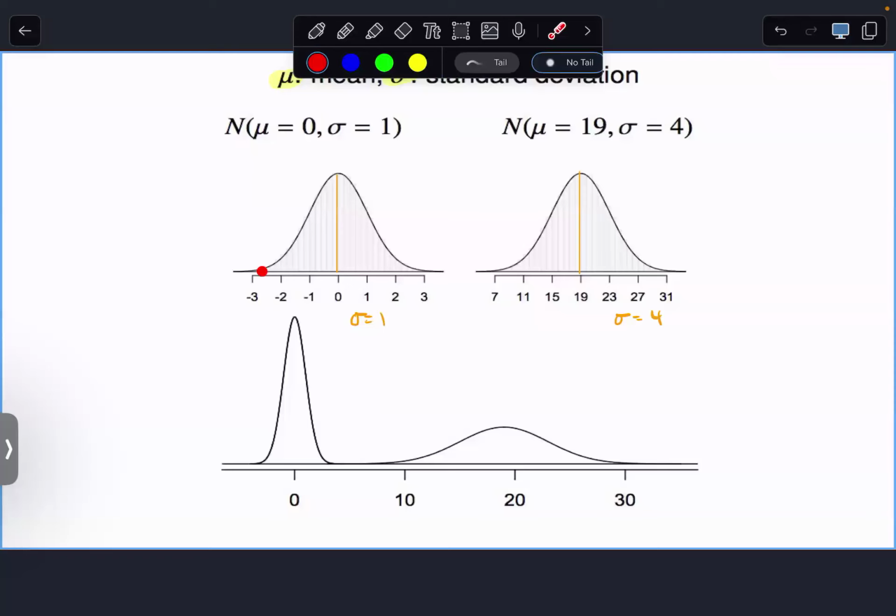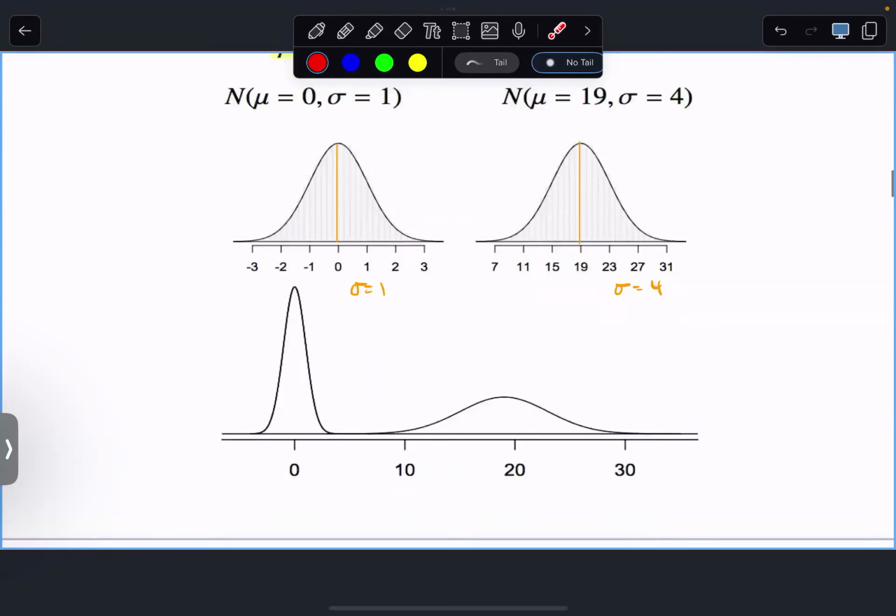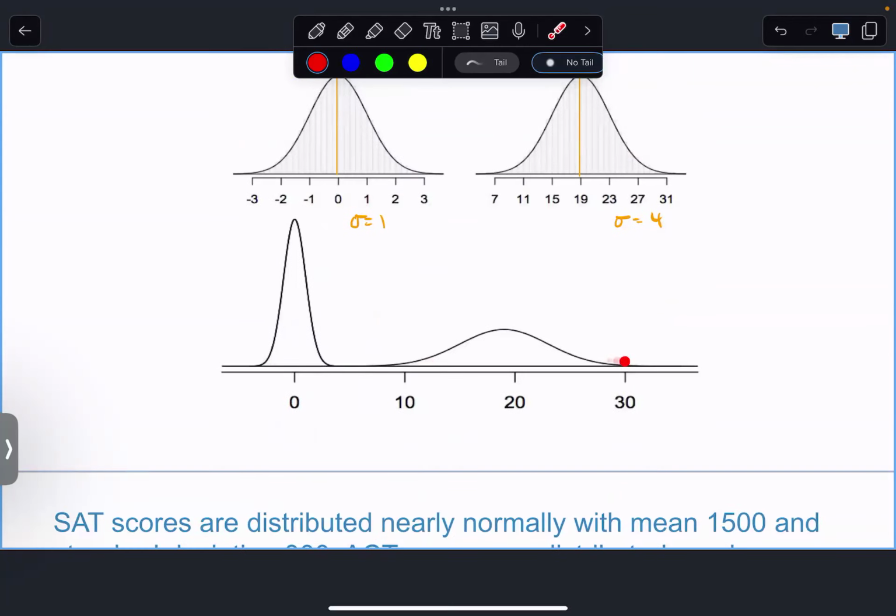Now, these only look the same because I'm just looking at one of them at a time, right? However, if we put the two on the same scale, what would these two look like? The first one is centered on 0, so that's this little guy with sigma equal to 1.